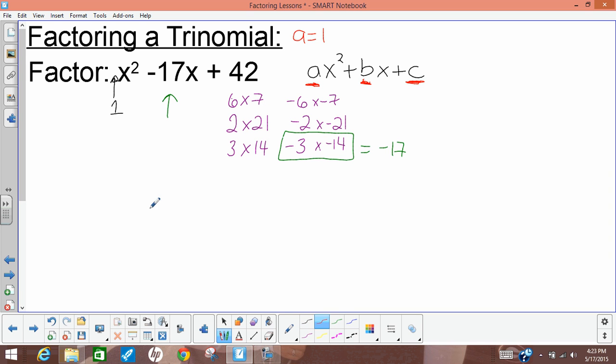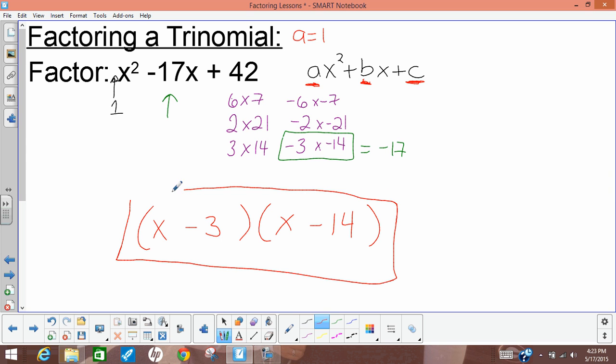In the end, we're going to have two sets of parentheses. And when a equals 1, we can always start by putting x at the beginning of each parentheses. Then we take these two factors and plug them in: minus 3 and minus 14.